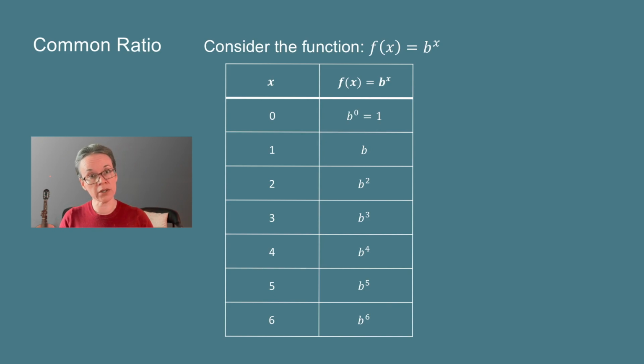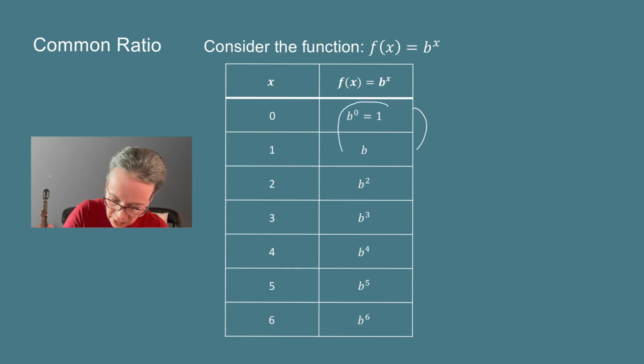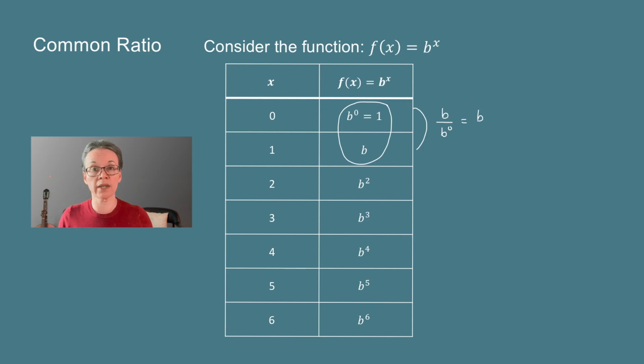Now, just as we did in the previous video I was talking about, we're going to form ratios with consecutive y values. For example, take a look at these two consecutive y values. I'm going to form the ratio b divided by b to the 0, which is really b, because b to the 0 is 1. b divided by 1 is b.